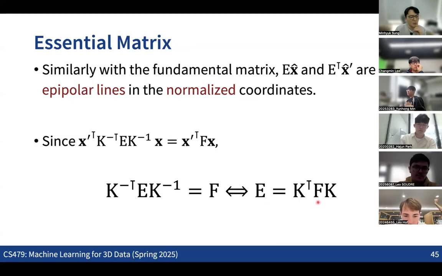Once we calculate the fundamental matrix, based on that, now we can calculate the essential matrix. And the essential matrix has some relationship with the extrinsic parameters that we are also going to calculate. So that's the reason why we are discussing this bunch of concepts. Any questions on this?